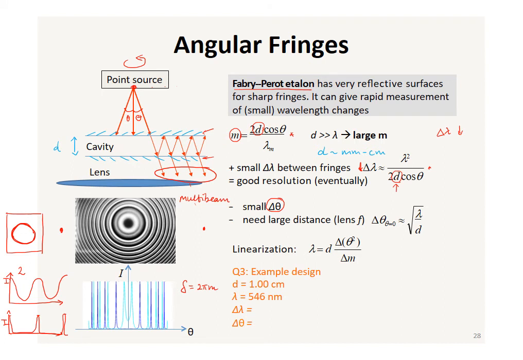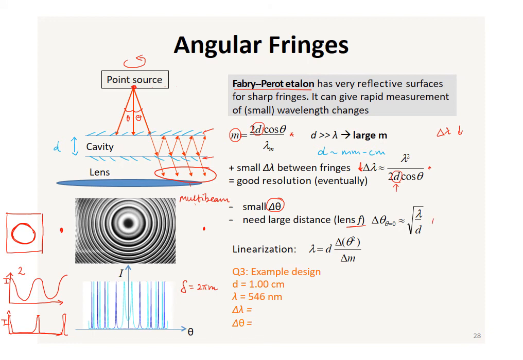This is not that hard to fix experimentally. We need to increase the focal length of the lens so that we can view the pattern a long distance from the lens and improve the resolution that way. We can build a telescope system if we're so inclined.